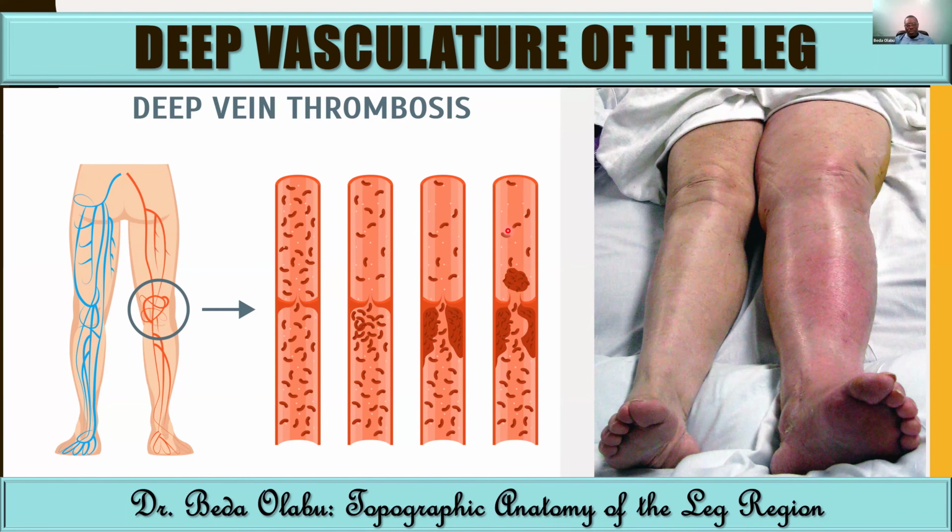If for some reason a patient has a congenital heart disease where there's a hole in the heart from the right chambers to the left chambers, let's say from the right atrium to the left atrium, making blood move from the right atrium to the left atrium. Usually, such holes will allow blood to move only from the left to the right.